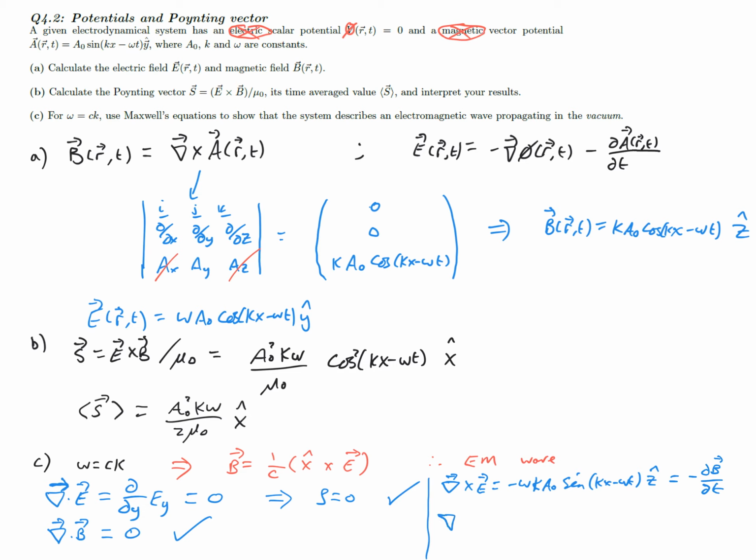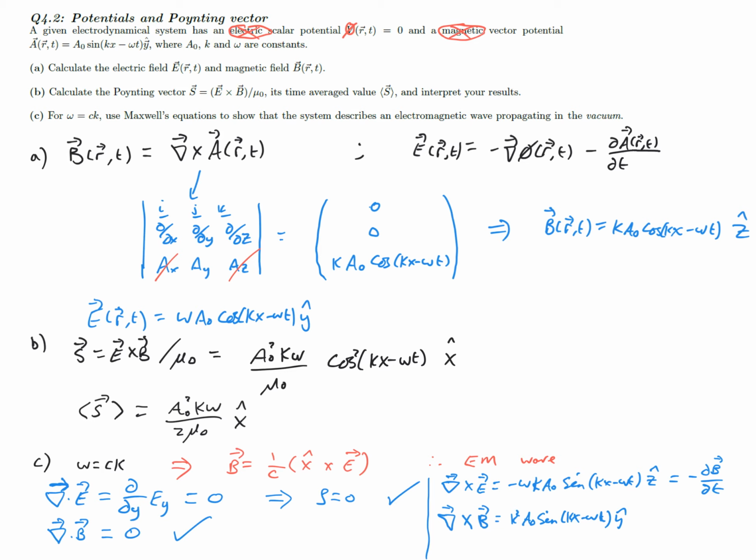Finally, let's look at the curl of the magnetic field. That's going to be k squared a naught sine of kx minus omega t in the y hat direction.